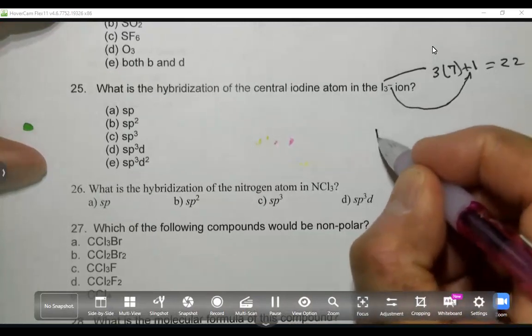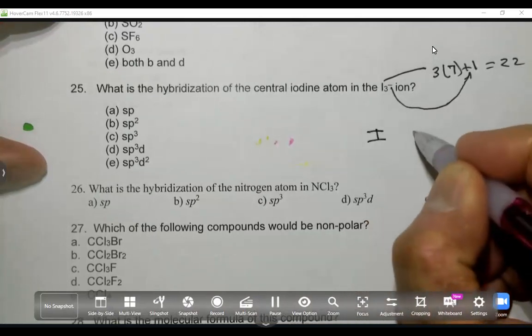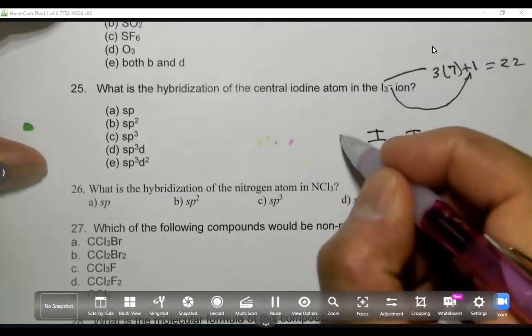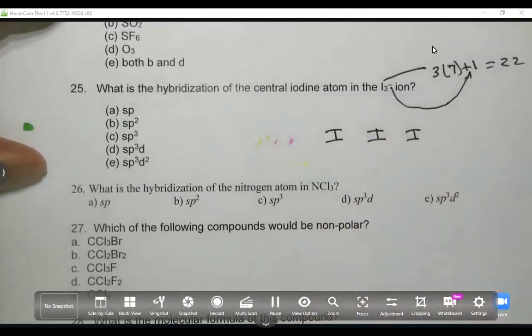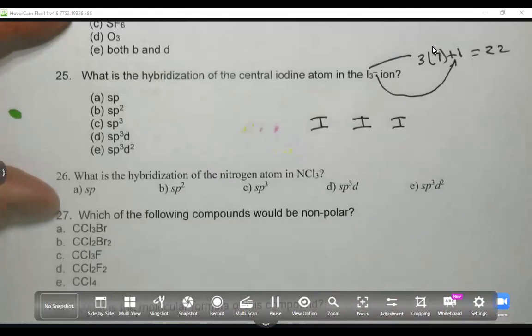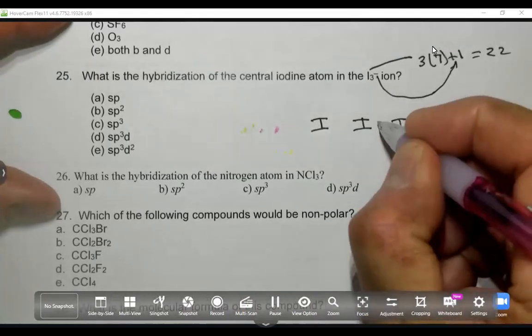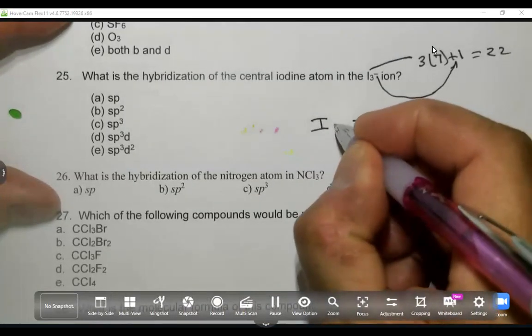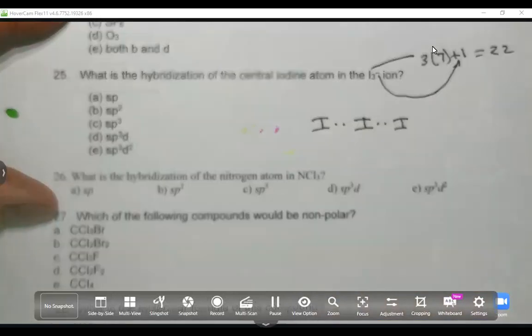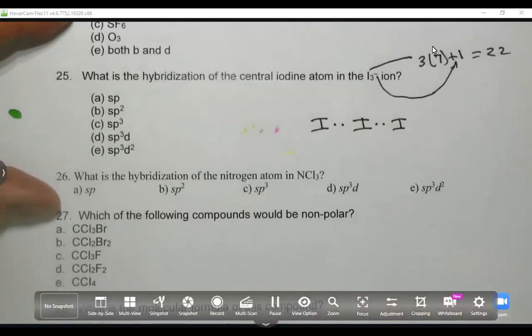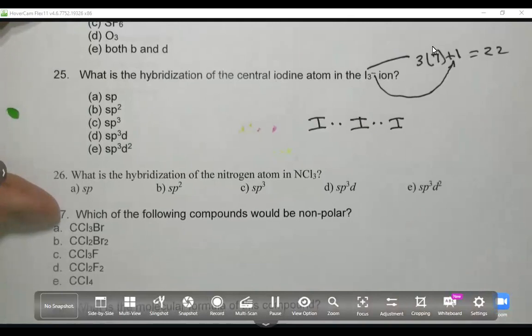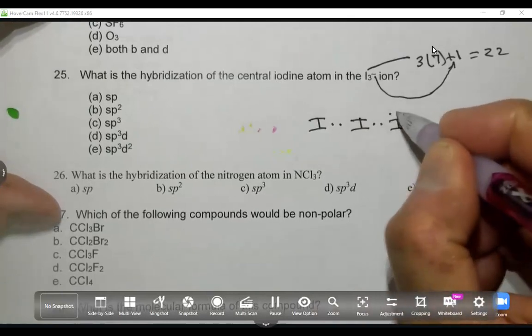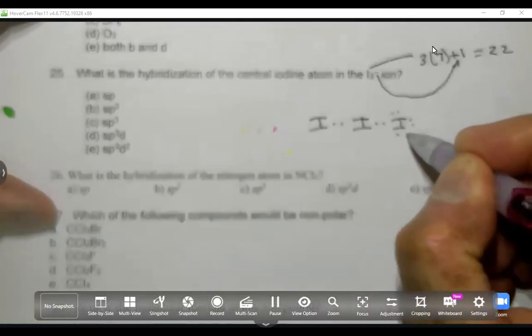I think this is the one where I did draw this out because I added an extra iodine. Somewhere we drew this out in a previous question, maybe. So we've got 3 iodine, we're going to connect them with a bond. Now we're going to fill the outside terminal octets.